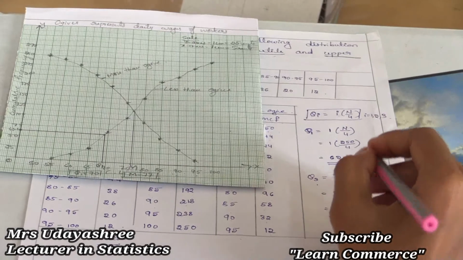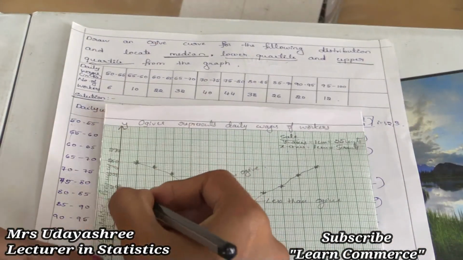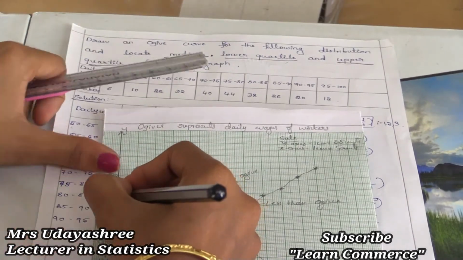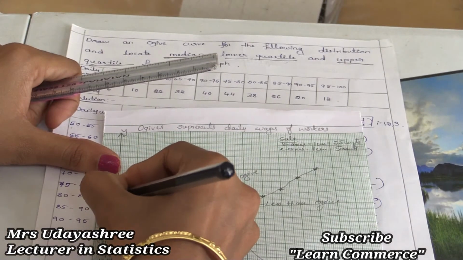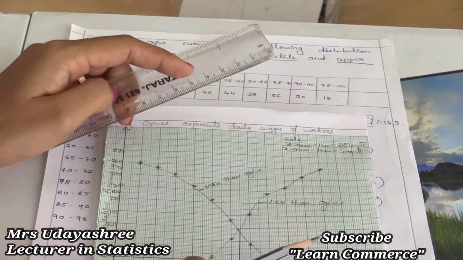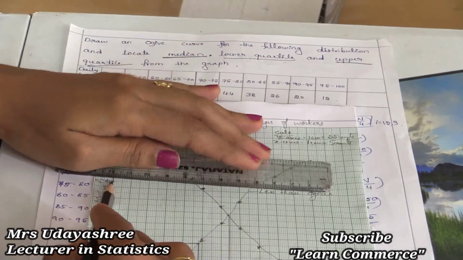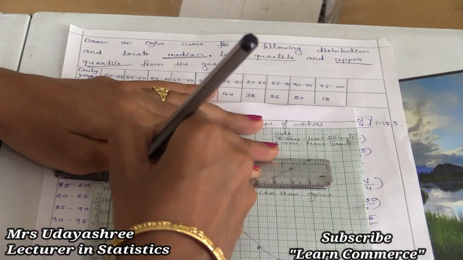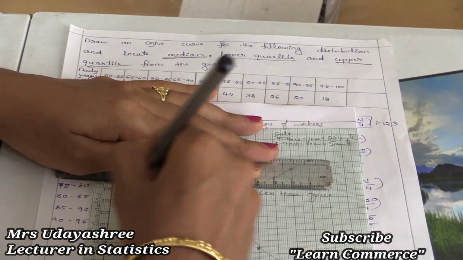So 187.5. See, 170 is here and 200 is here, and this middle value will give 187.5. So this is 187.5. So from this point I will draw one line parallel to x axis.